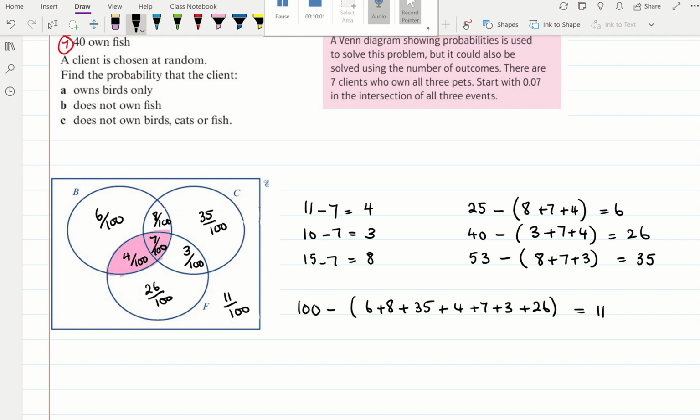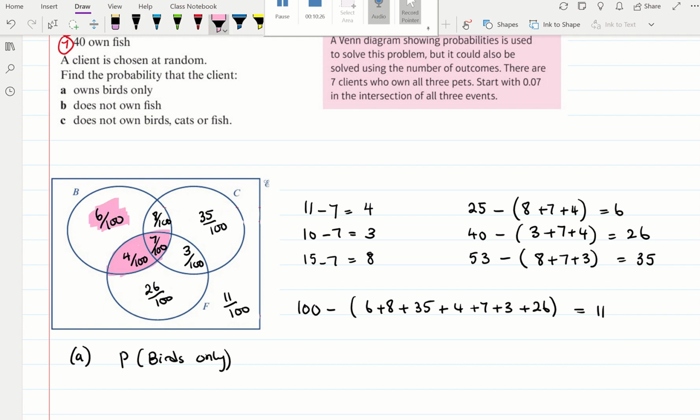So I filled in the Venn diagram, and that makes my calculation of the probabilities much easier. So even if they don't ask you for a Venn diagram, you doing this will make the rest much easier. So first one says the probability of just birds. So birds only.